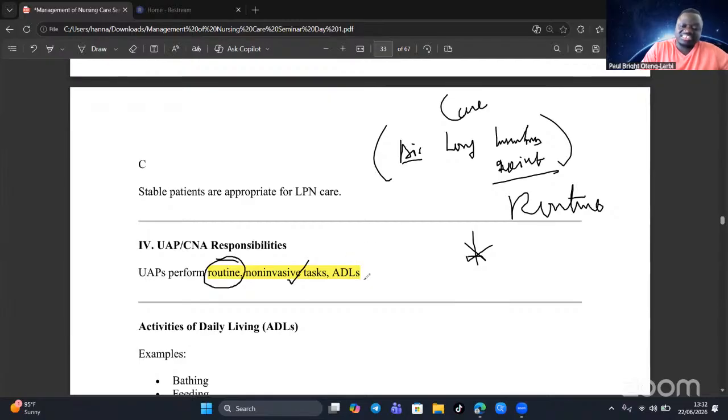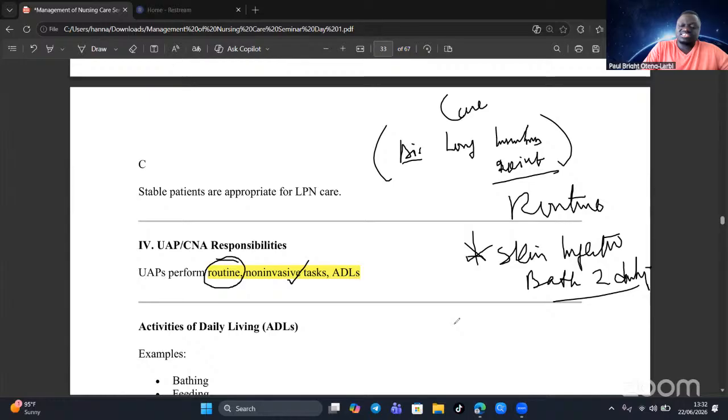And the next thing, is it activities of daily living? Okay, a patient with skin infection needs to be bathed twice daily. Is this a routine care? Yes, it's a routine care.